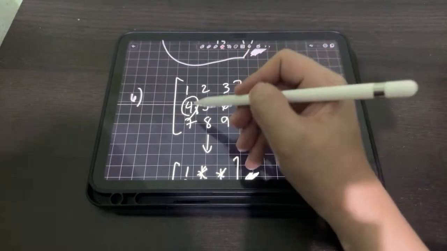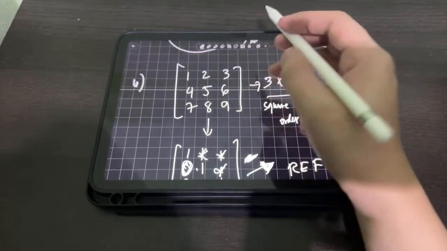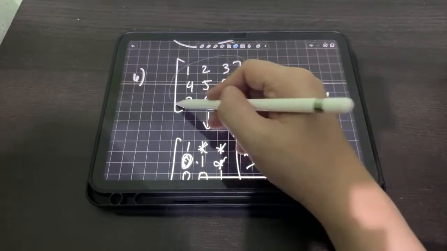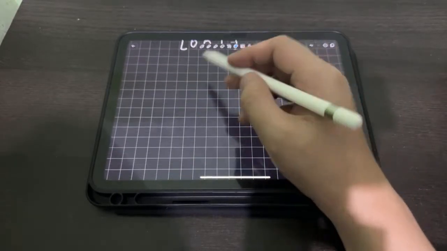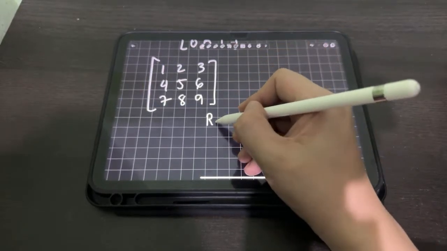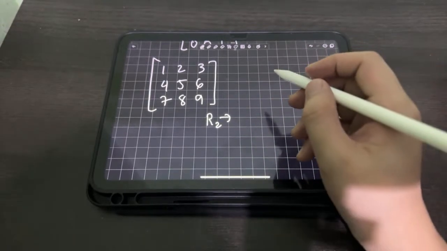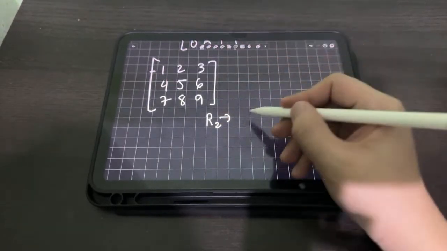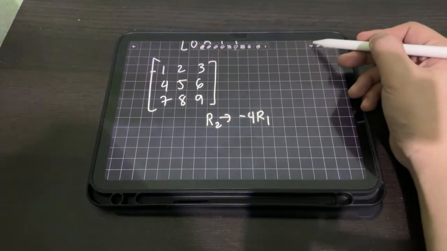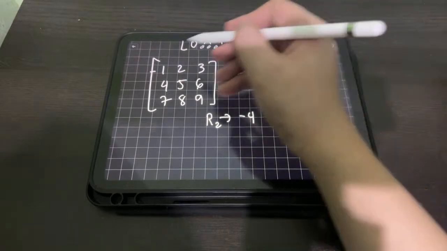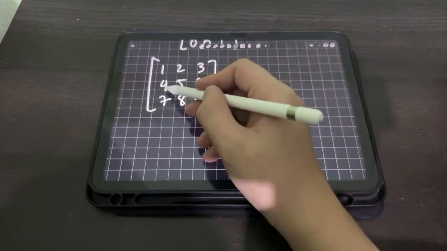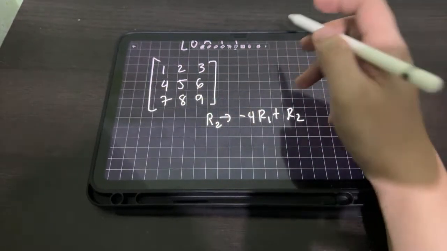So how do we make this entry equal to 0? Applying elementary operations, let's copy this matrix here so we have more space. Row 2 becomes, if we multiply -4 times row 1 and add it with row 2, this 4 will become 0, right?